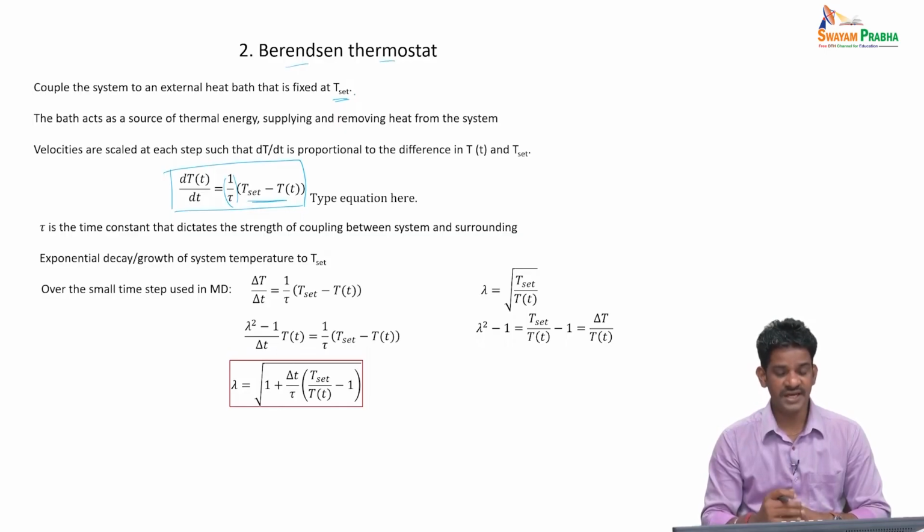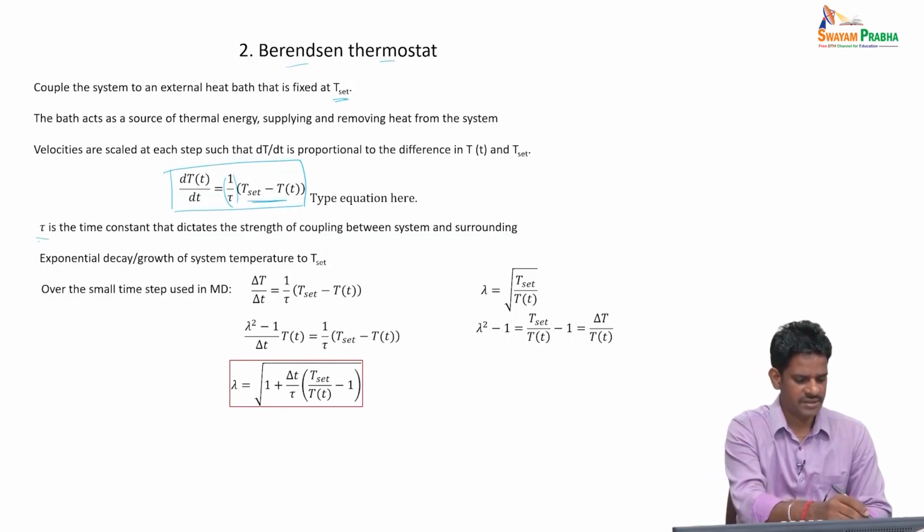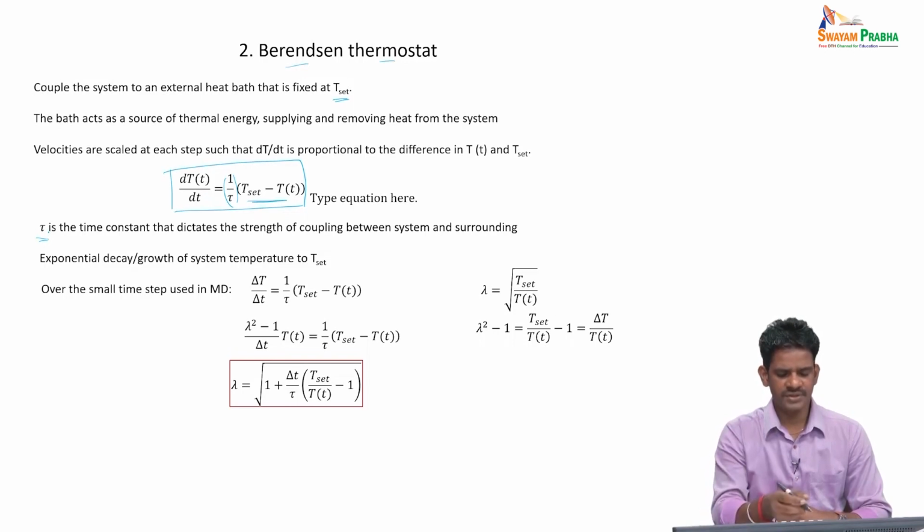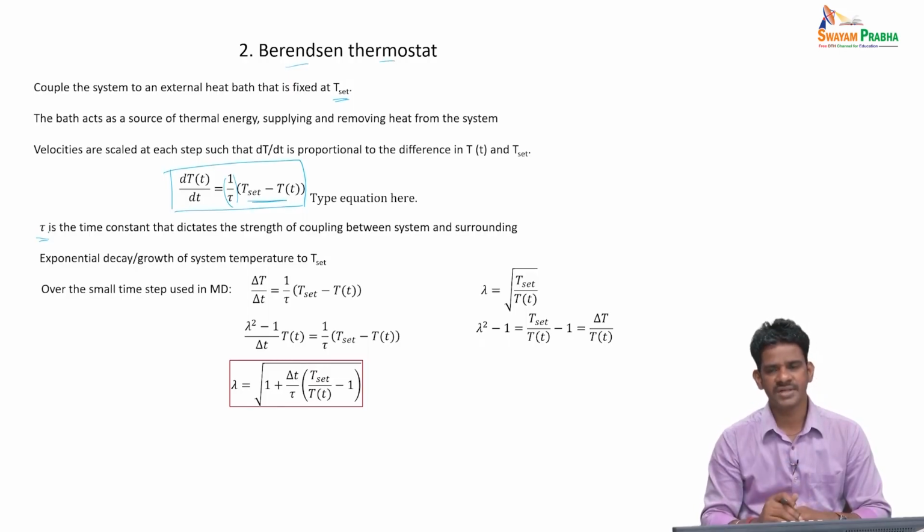So the heat transfer is modeled using a simple first order process, and this time constant tau reflects how strongly the system and surrounding are coupled. Since it is a first order process, the time constant tau tells the rate at which the temperature is catching up with the T set value, and if you solve this, you will see that the temperature exponentially reaches the desired temperature, at a rate given by the value tau.